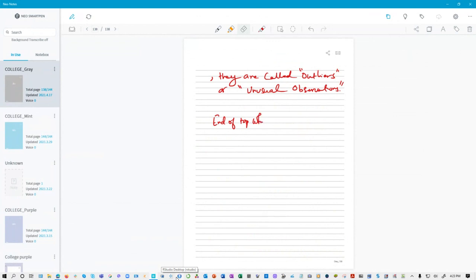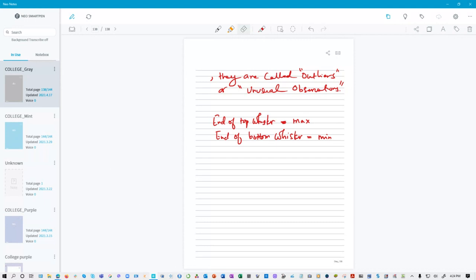Whether you have outliers or not, the end of the top whisker is the max, and the end of the bottom whisker is the minimum. You have to remember that.